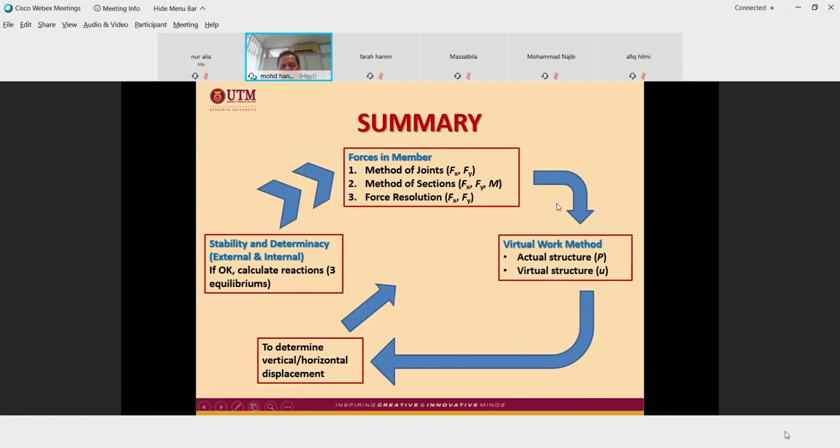And we have also done the virtual work method for displacement, and also due to temperature, and also due to lack of fit. This is what we have done so far in this topic.